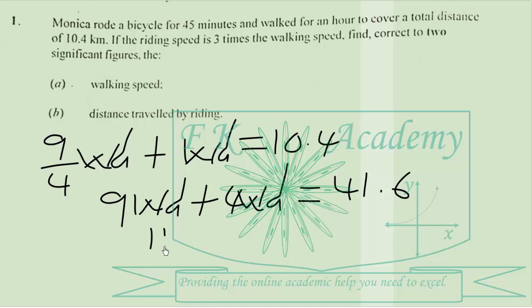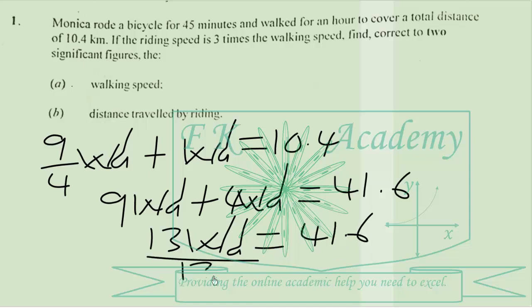So 9 plus 4, it's 13. 13 WD will be equal to 41.6. So divide both sides by 13. WD will give us 3.2 kilometers.